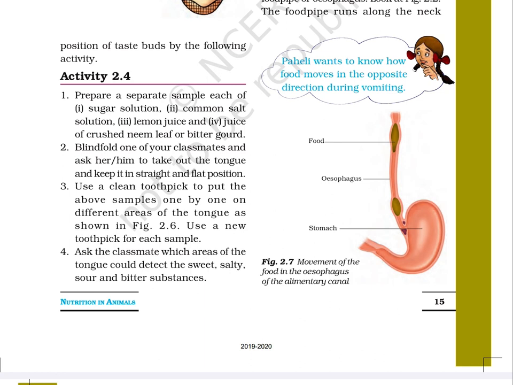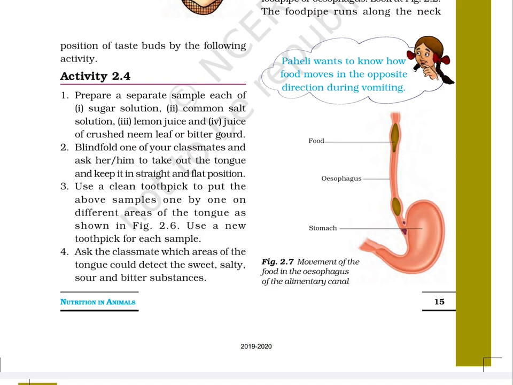Blindfold one of your classmates and ask her or him to take out the tongue and keep it in straight and flat position. 3. Use a clean toothpick to put the above samples one by one on different areas of the tongue, as you can observe in Figure 2.6. Use a new toothpick for each sample. 4. Ask the classmate which areas of the tongue could detect the sweet, salty, sour, and bitter substances.